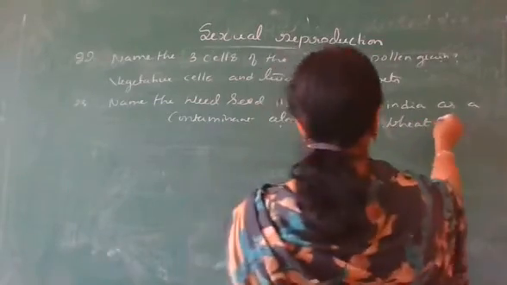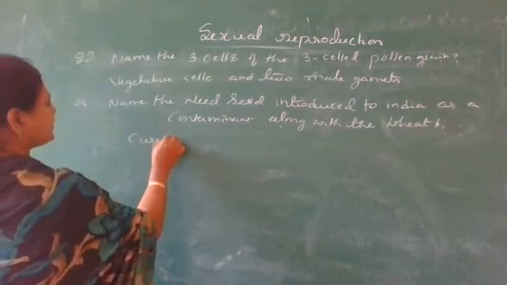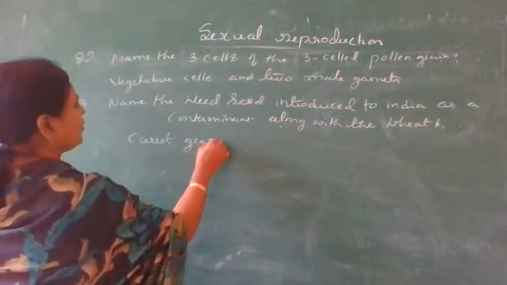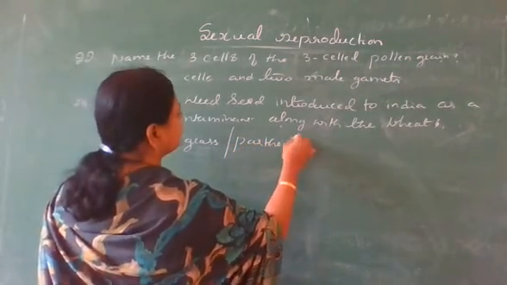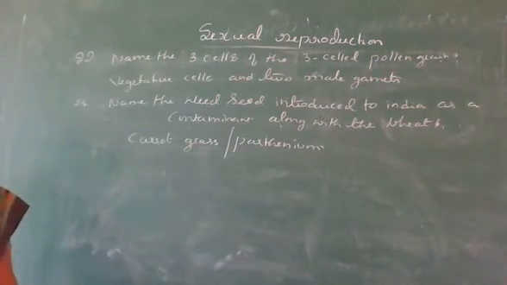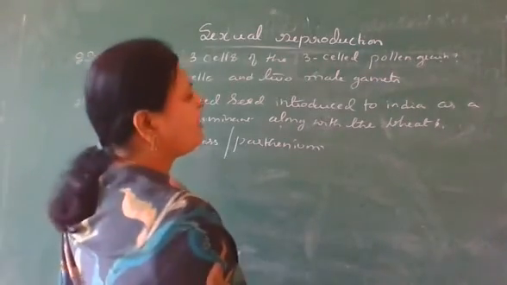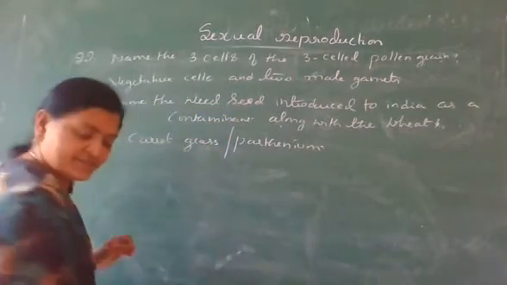Which is that? That is called carrot grass or parthenium. This entered into India as a contaminant along with the imported wheat. Next one.